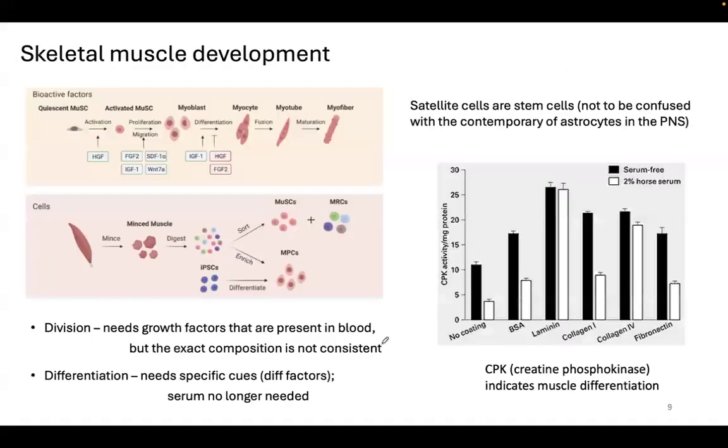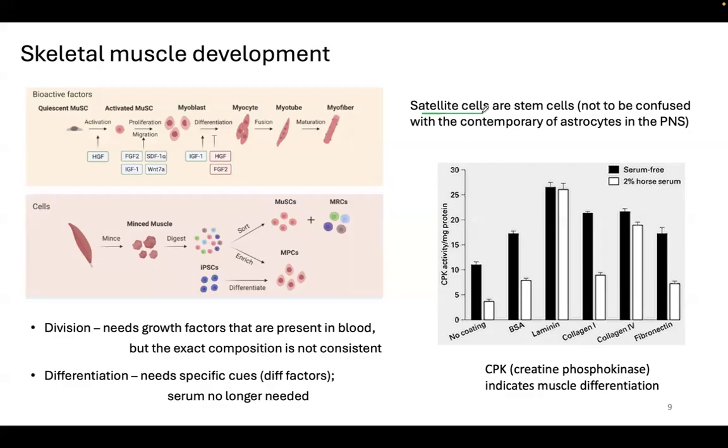Starting very quickly with skeletal muscle development. You have these muscle stem cells, which can have different names, myoblasts and so on, also called stem cells.